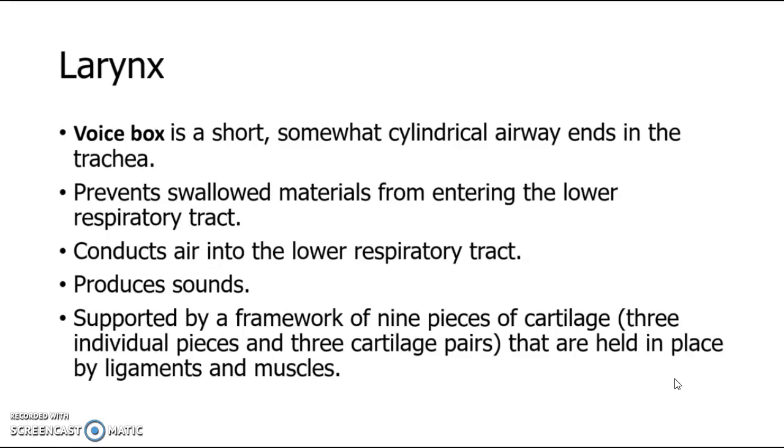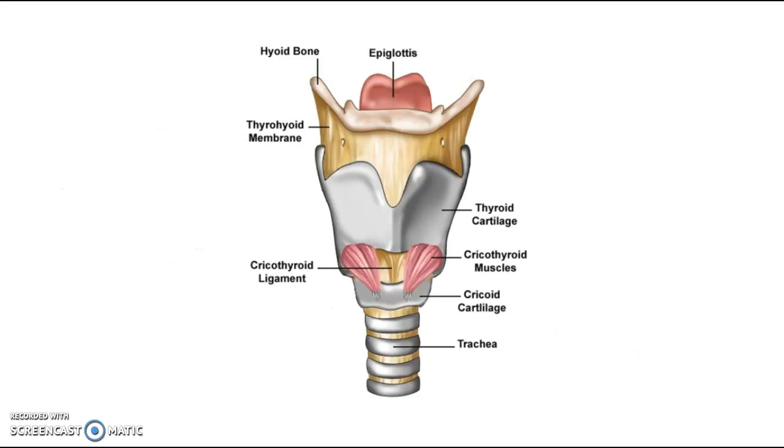And you can feel your larynx at the front of your throat, on the outside. And if you look here, this is from the front. So there is the hyoid bone at the top. Lots of cartilage pieces that help to keep it open, including as we go down to the trachea.